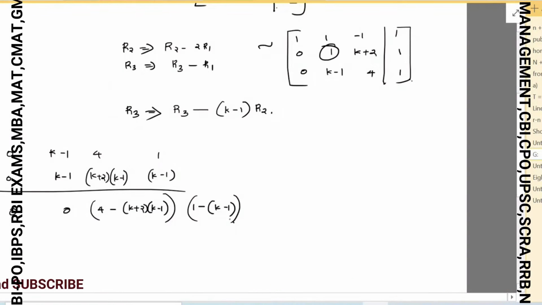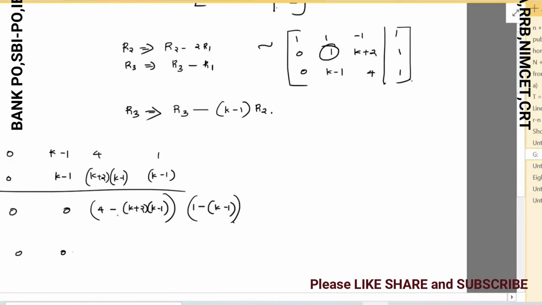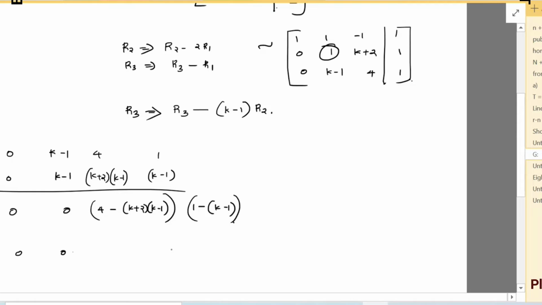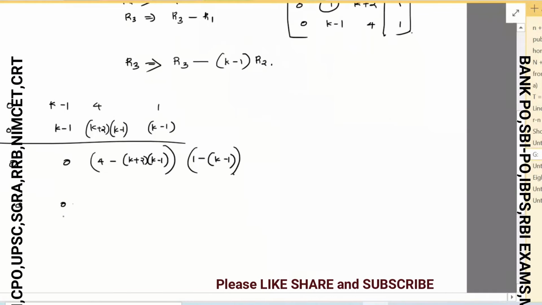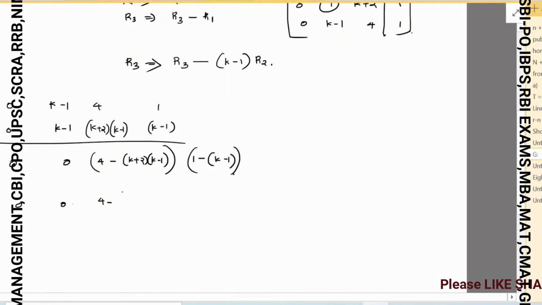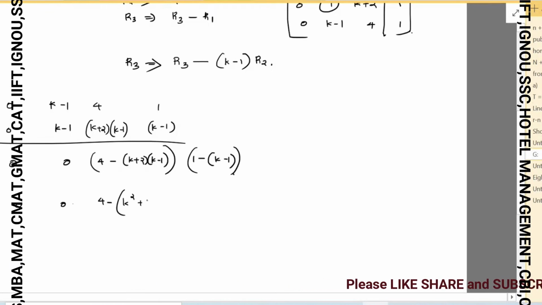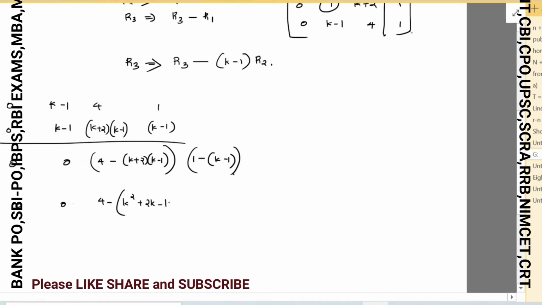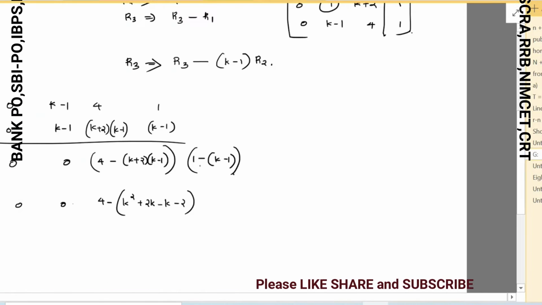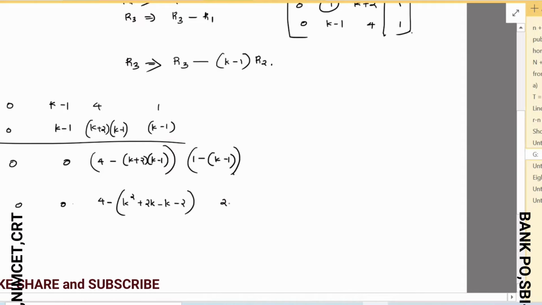What is 4 minus (k plus 2)(k minus 1)? We can expand that. It will be k square plus 2k minus k minus 2. The last element is 1 minus (k minus 1), that is equal to 2 minus k.